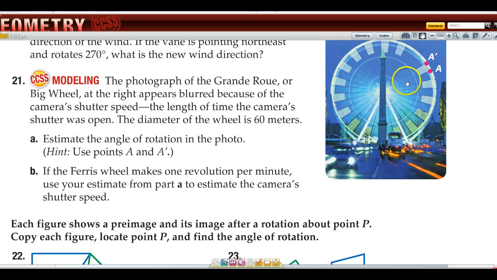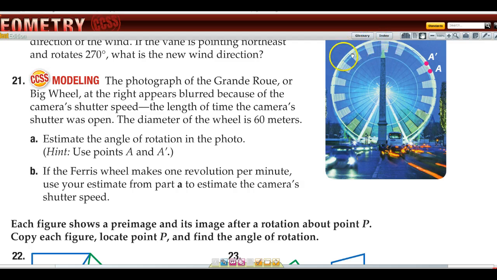So we want to estimate the rotation from this point to this point. So we want to find out how many increments of that there would be in this entire wheel. So if we count starting from here, that would be 1, 2, 3, 4, 5, 6, 7.